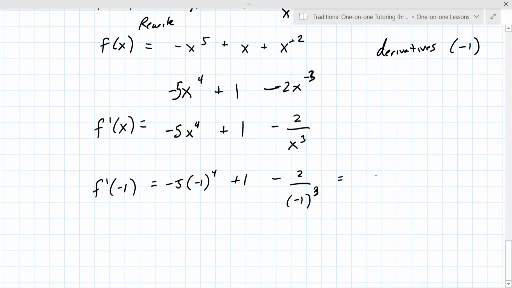So -5 times -1 to the 4th plus 1 minus 2 over -1 cubed. And -1 to the 4th is 1. So -5 plus 1 minus 2 over -4, minus, plus 2, -2. Yes. Yep.